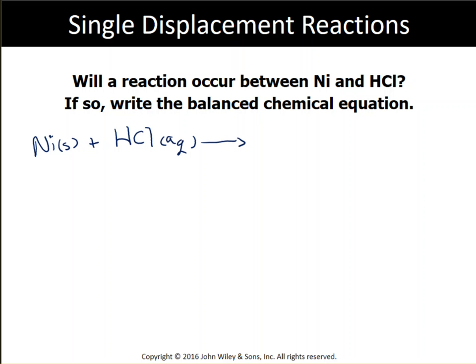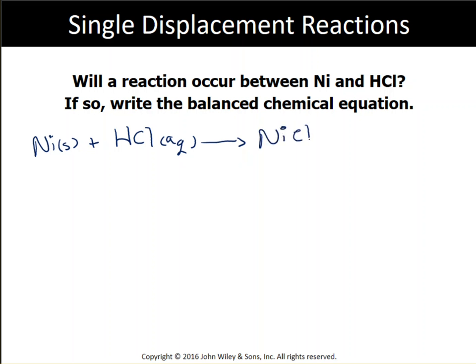So this is a single displacement reaction. For nickel to be able to replace hydrogen, nickel has to be more active than hydrogen. So we're gonna have to look at the activity series, and nickel is in fact more active than hydrogen.